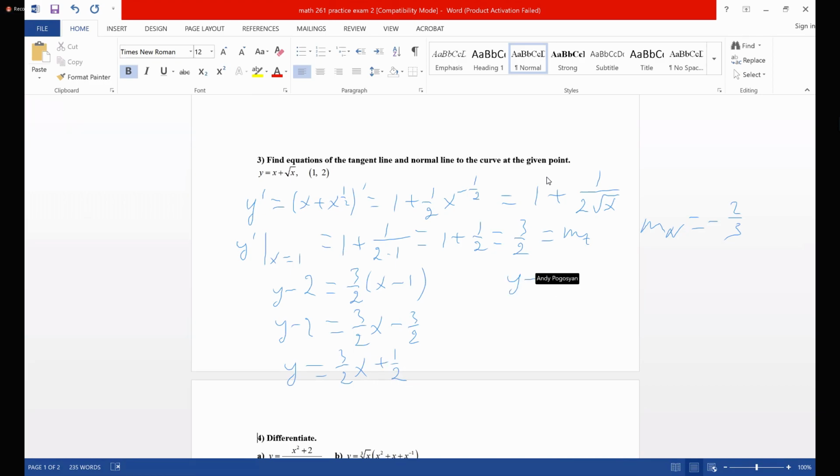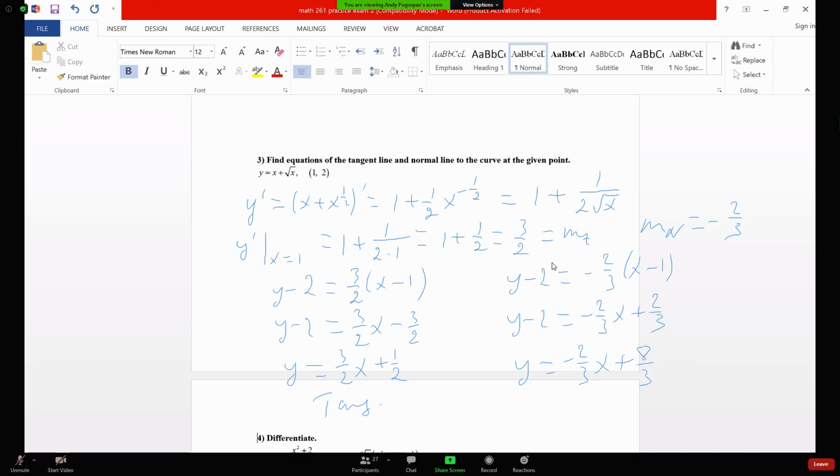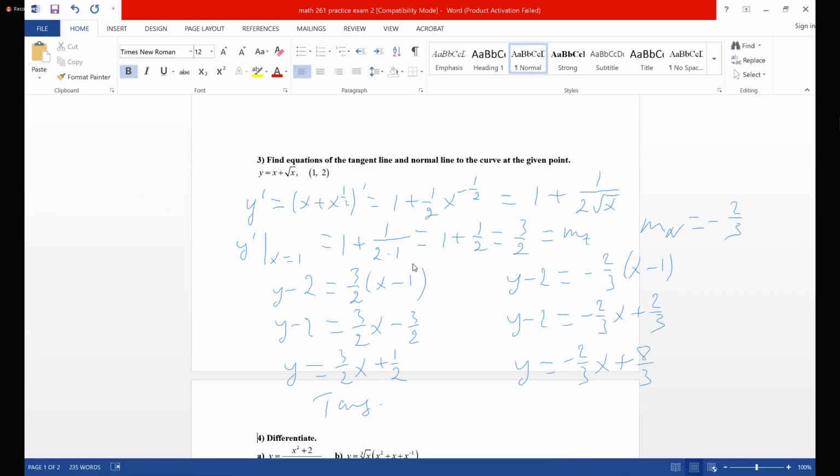And y minus 2, this is tangent. y minus 2 equals negative 2/3 times x minus 1 would be the normal. So if it's wrong, that's what you do. That's number 3.